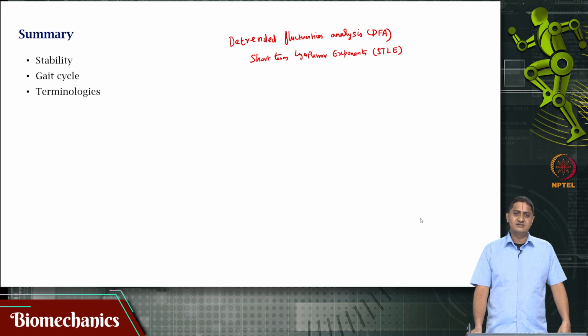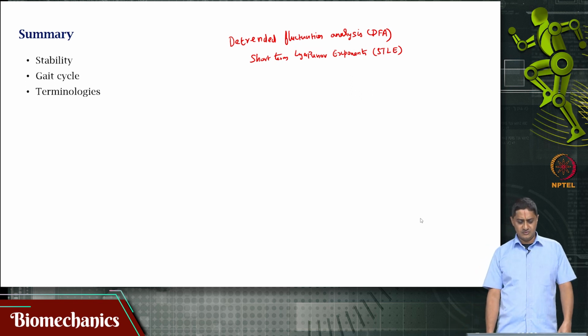Just by observing walking, just by measuring stride lengths and times, we might be in a position to classify health and disease, and then find a way to treat according to that. So, this is a very brief introduction to gait.